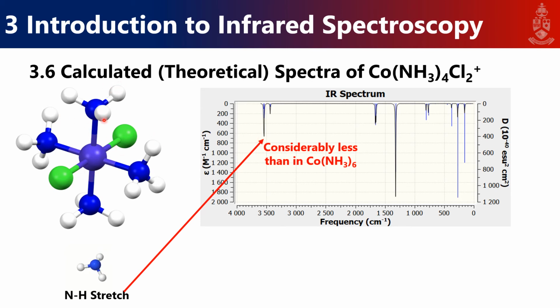The intensity has reduced because we now have 4 instead of 6 of them making noise, if you want to put it like that. You see again here, this region has changed because we're working with a different complex. So its fingerprint region is unique to whatever it is, right?